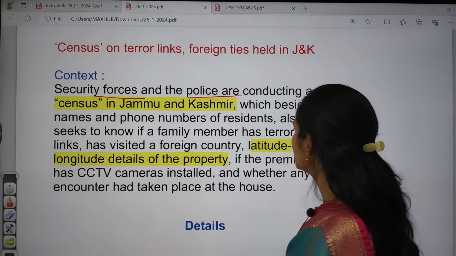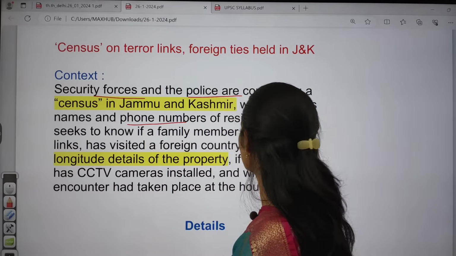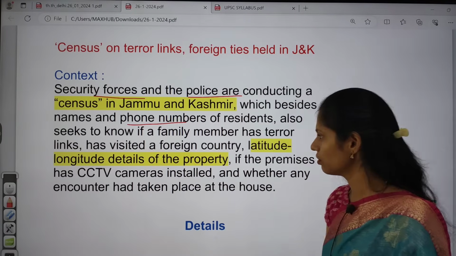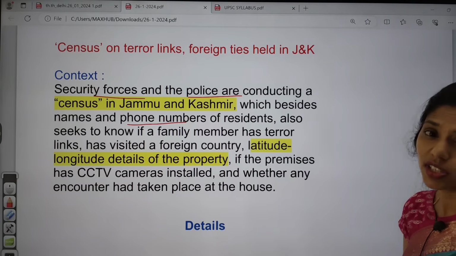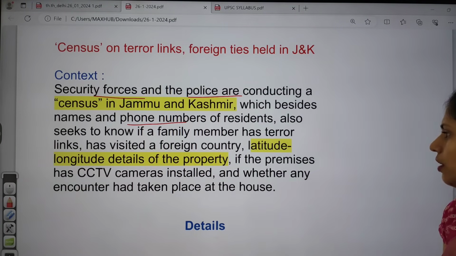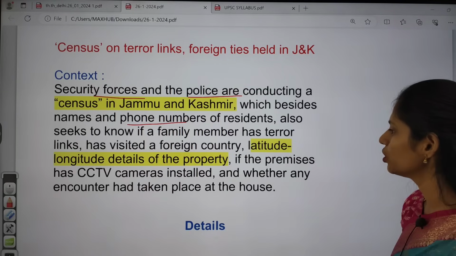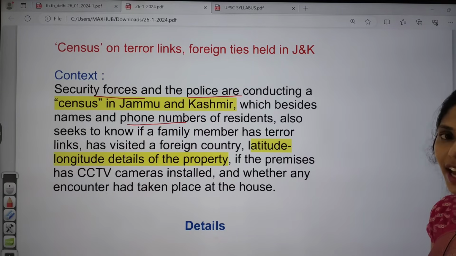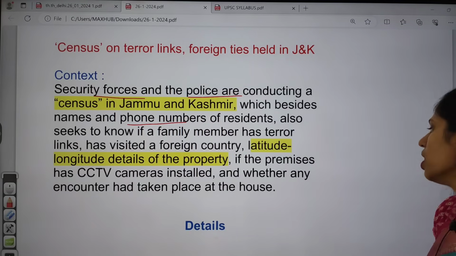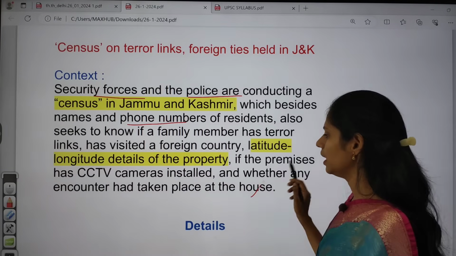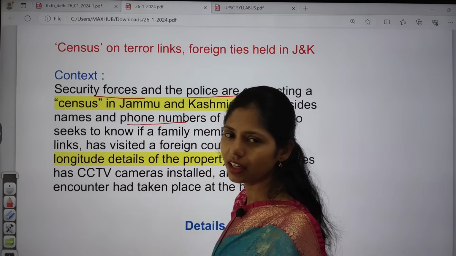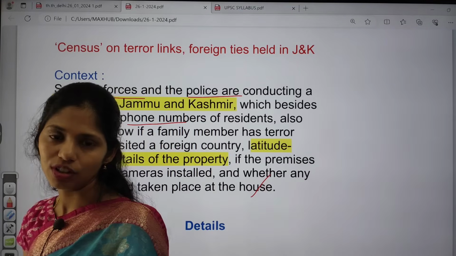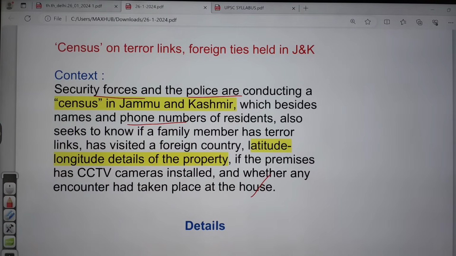Besides names and phone numbers of residents, they are collecting information like whether they have visited a foreign country, whether they have any property, latitude and longitude details of the property, any CCTV cameras, and whether they have had any encounter or not. All these details are taken.